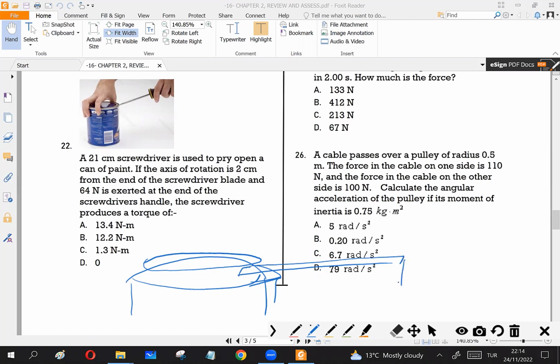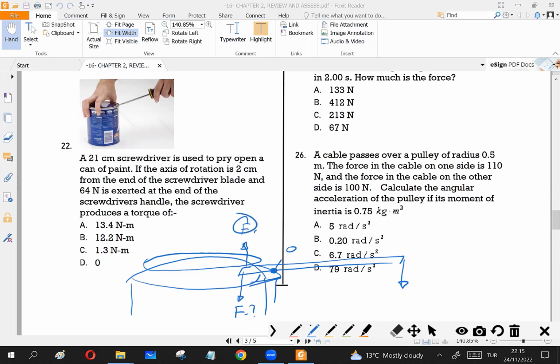Because when you apply a force at this end with your hand, about this point, which is the axis of rotation, the screwdriver will rotate and push the lid in the upward direction by a force. But if the screwdriver is pushing this lid upward, the lid gives a reaction on the screwdriver blade in the downward direction. There are action-reaction forces, equal in magnitude and opposite in direction. And if you calculate this force, that is the same, and this force is the same as that one.